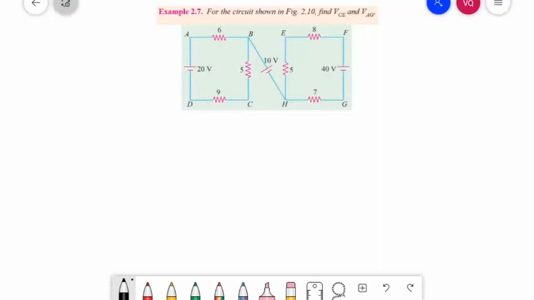So, next example. For the circuit shown in this figure, find the voltage between point C and point E, and also between point A and point G. How do we solve that?